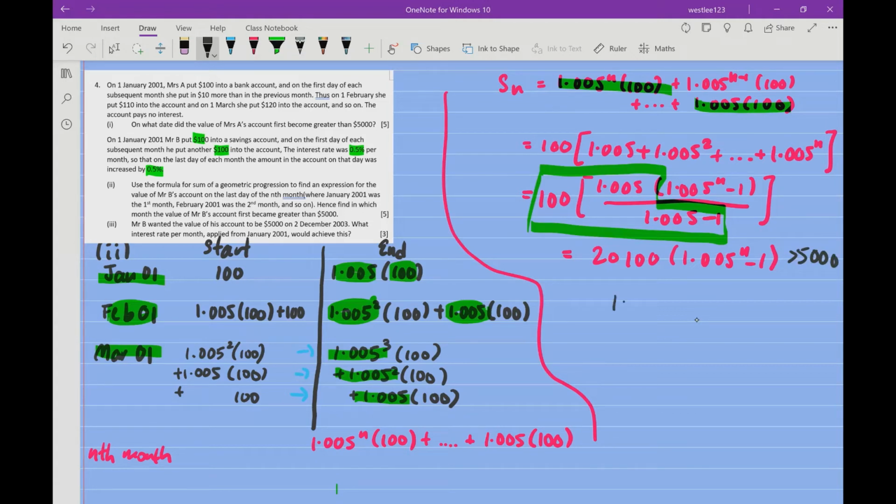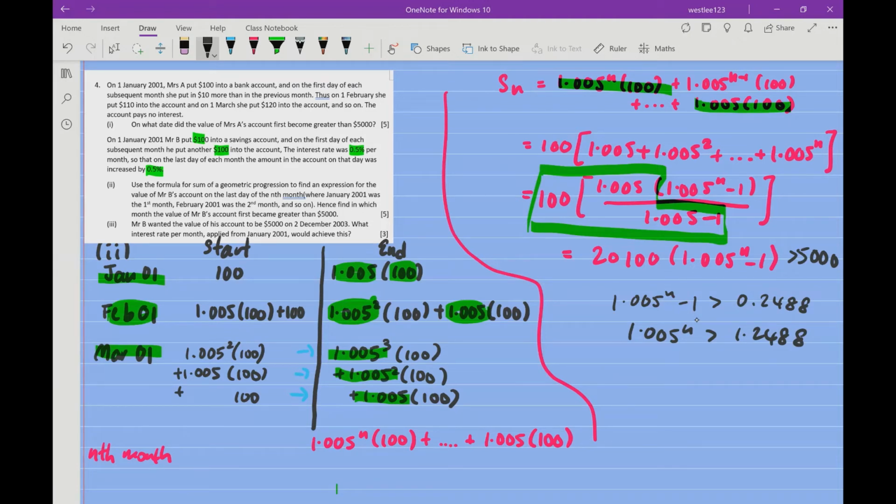So what you can do is bring the 20,100 over, you will have 0.2488, and then you bring the 1 over, 1.2488. So those of you who want to use GC, you can use GC.